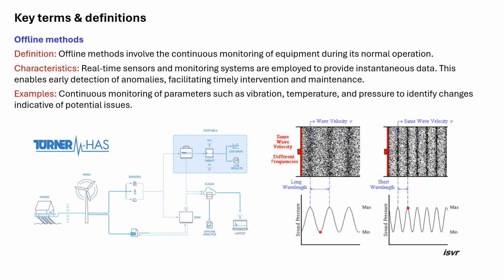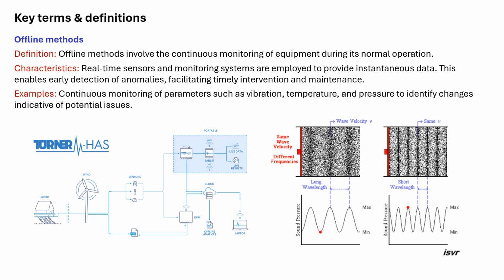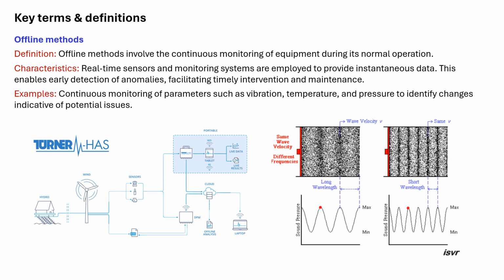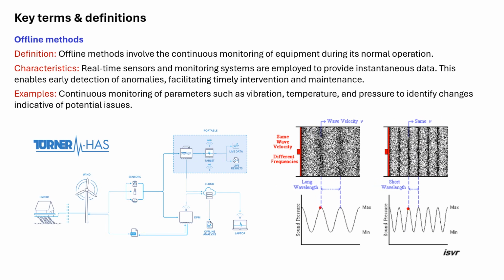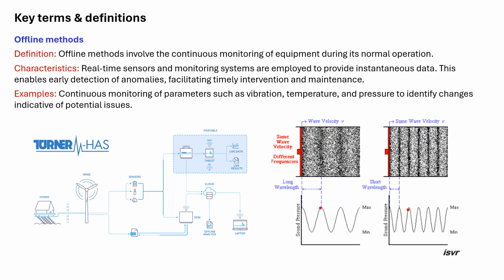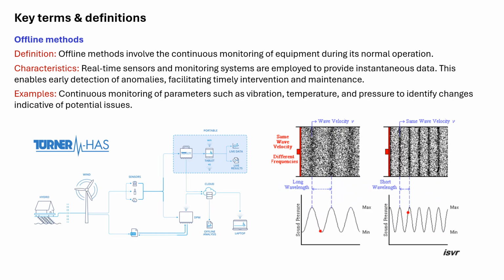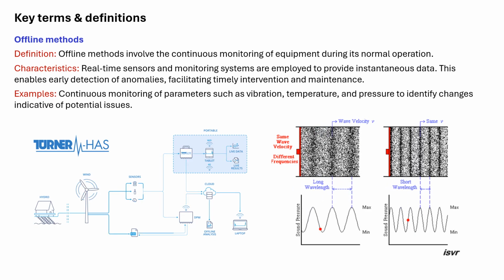This early detection is crucial for timely intervention and maintenance, ensuring the smooth functioning of the equipment. Examples of offline methods include the continuous monitoring of parameters like vibration, temperature, and pressure. These parameters act as indicators, helping us identify changes that could point to potential issues in the equipment.